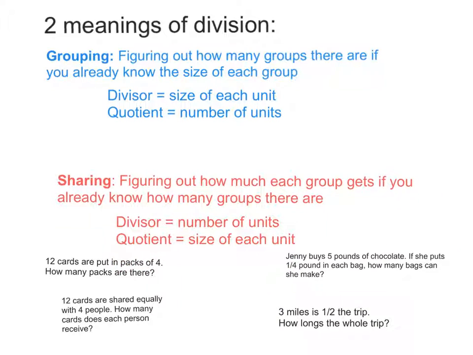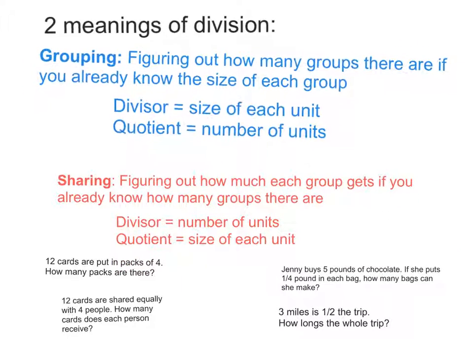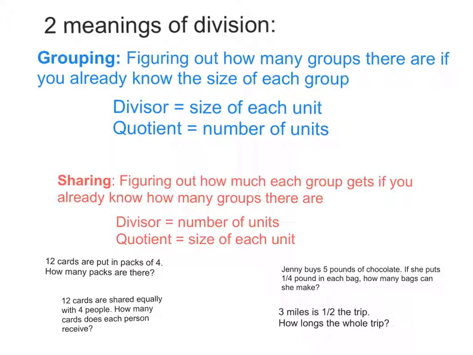Yeah, nice. Okay, grouping means you're trying to figure out how many groups there are if you already know the size of each group. So in this case, remember, when you have a division problem, you have the whole divided by the divisor to equal the quotient, right? Okay, so in this case, for grouping problems, I'm going to write that in a better way. Whole divided by divisor equals quotient, okay?